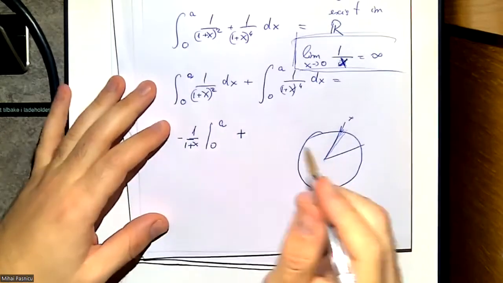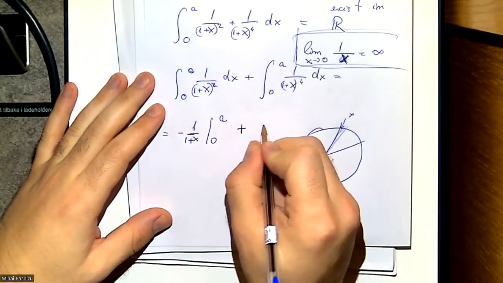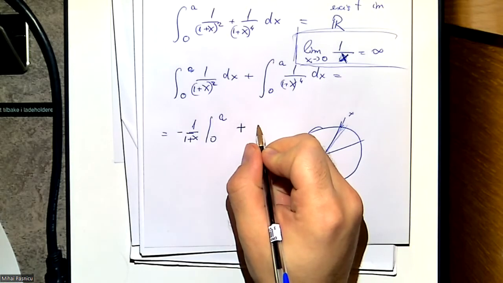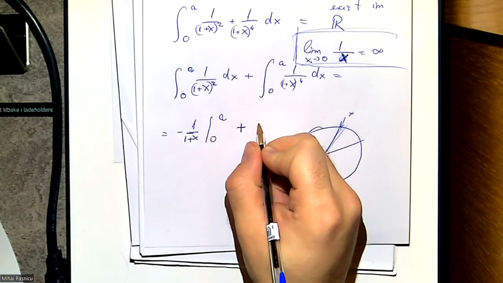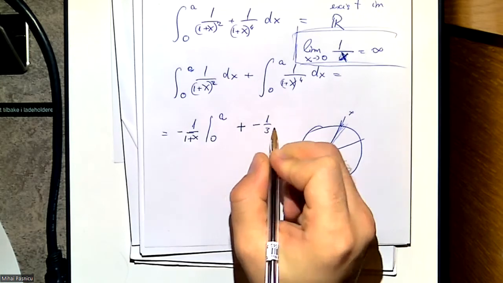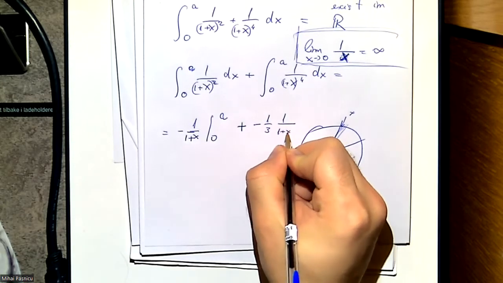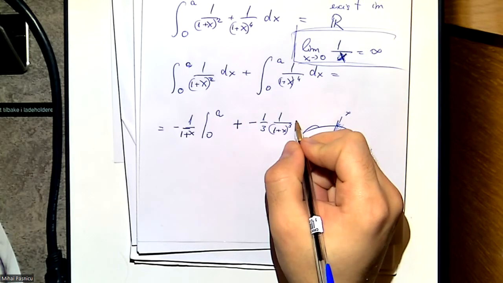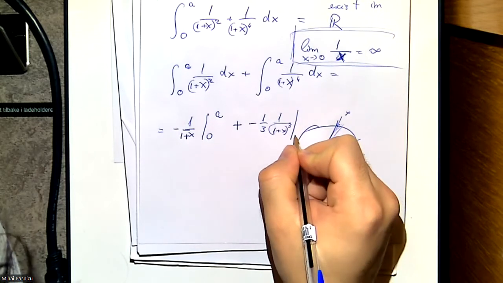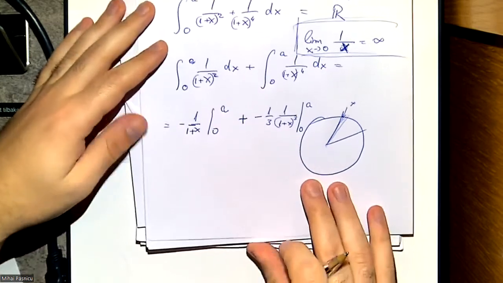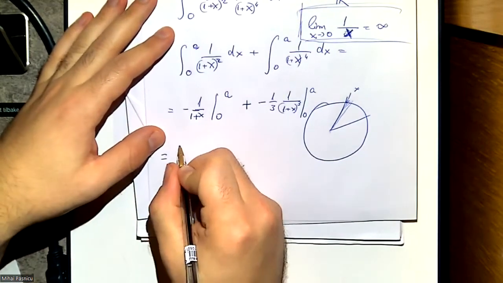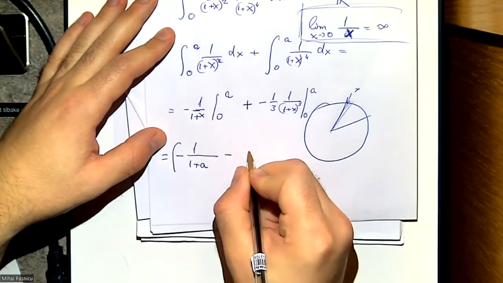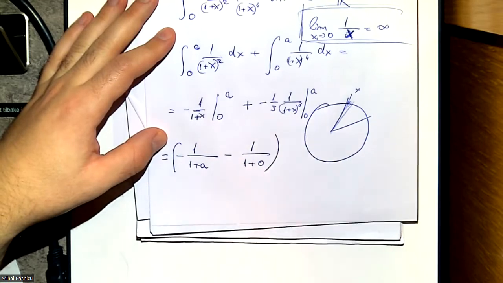Anyway, so we have this integral plus this one, which is minus 1/3 times 1 over (1+x) to the power 3. I'm assuming that looks about right. From 0 to a. Okay, good. Now I just plug in my numbers. The first one is minus 1 over (1+a), minus minus 1 over (1+0).